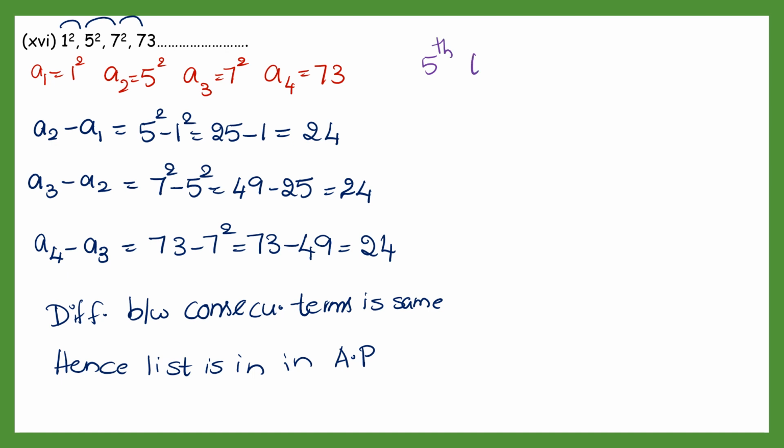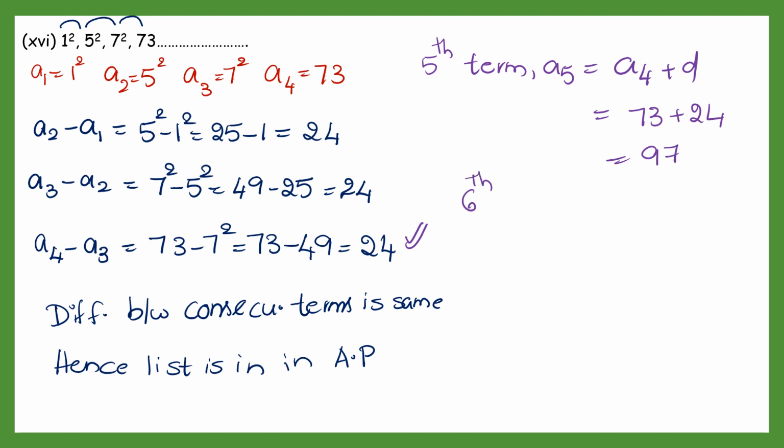Now, if the list is in arithmetic progression, let's find the fifth term. A5 is nothing but the fourth term plus the common difference. Common difference we already got, 24. So, fourth term is 73 plus 24, you get 97. Now, sixth term, A6 is nothing but the fifth term plus the common difference.